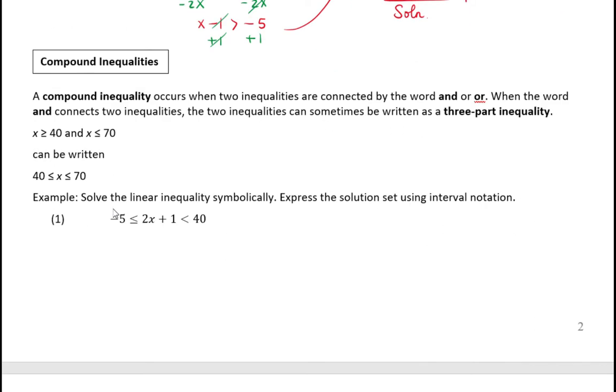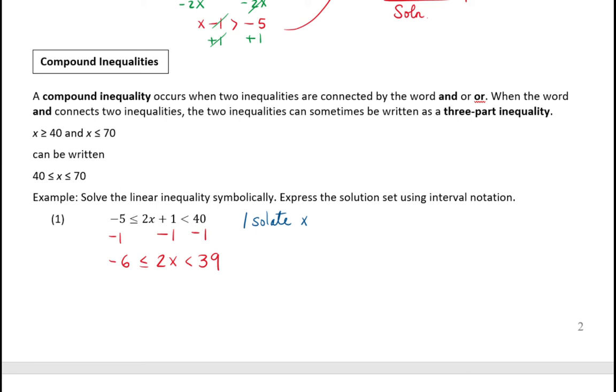For example, you want to solve this one. Your aim is to isolate x. So you try to isolate x. What I will do is subtract 1 from each part. So that will make it -6 less than or equal to 2x less than 39.